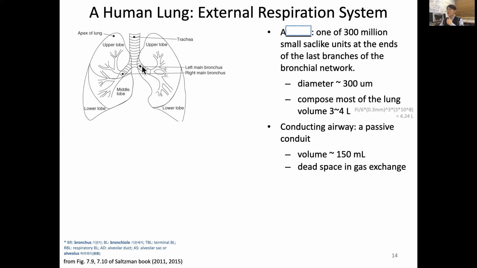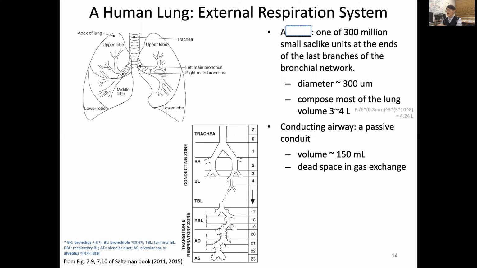So it has a left main bronchus and a right main bronchus. Then it goes down and down, with these bifurcating branches. You can see one trachea bifurcates, and this becomes a bronchiole, and this becomes a terminal bronchiole.